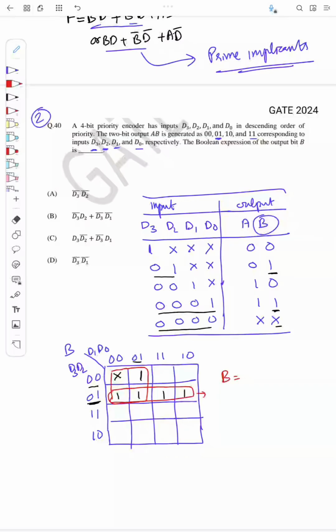If I club this, this corresponds to D3 bar D2, and for this clubbing we'll get plus D1 bar. Sorry, D3 bar D2 plus D1 bar. Okay, so the answer is B.